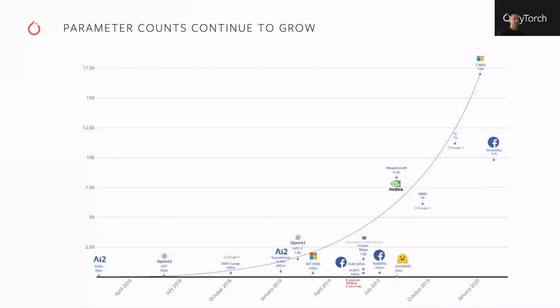So I think everyone has seen a variant of this graph, and this is of course out of date because of GPT-3, as well as the model that Google released that's in the hundreds of billions of parameters, the mixture of experts paper. So this chart does get out of date very quickly, but the point remains: parameter counts are continuing to grow. This seems to be a trend that just won't go away.